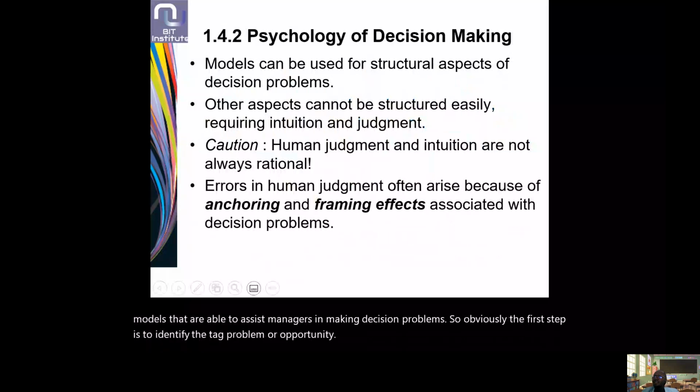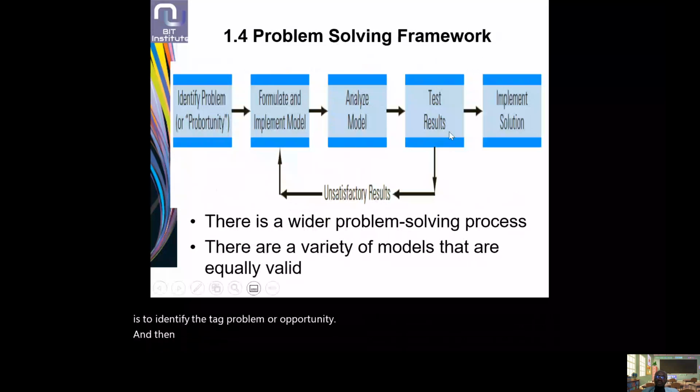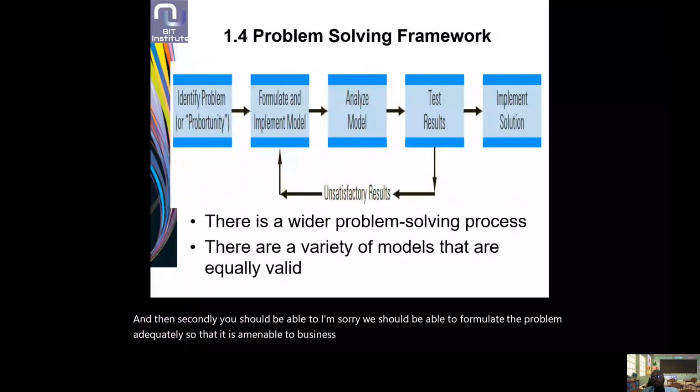And then secondly, we should be able to formulate the problem adequately so that it is amenable to business analytics techniques. In our case, we'll mostly be using electronic spreadsheets. How do we formulate these problems or opportunities in electronic spreadsheets, specifically using Microsoft Excel?